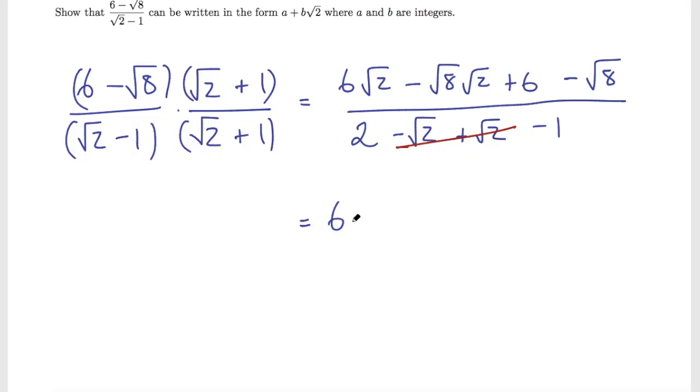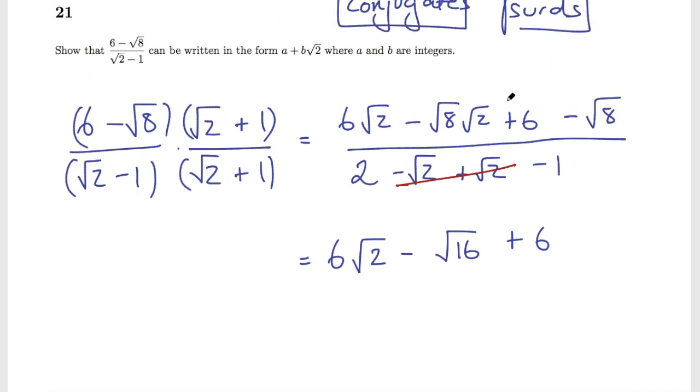So we've got 6 root 2, and then if you're confident with your surds, you know that we can multiply these numbers in here and we get the square root of 16 plus 6 and then the square root of 8. Now here's another tricky step, because we know that there needs to be a square root of 2 in the final answer, and there's a way we can rearrange the square root of 8 to get it in the form of a square root 2.